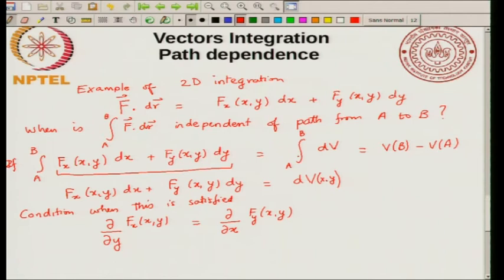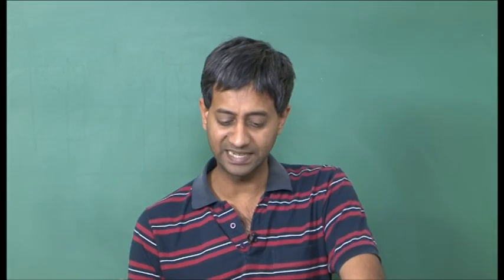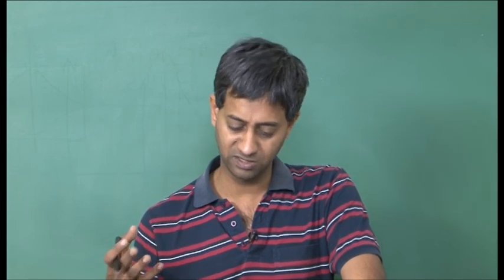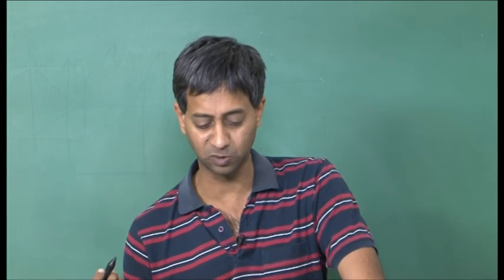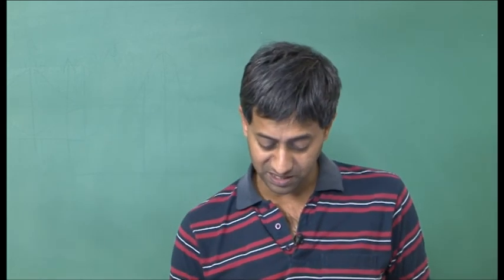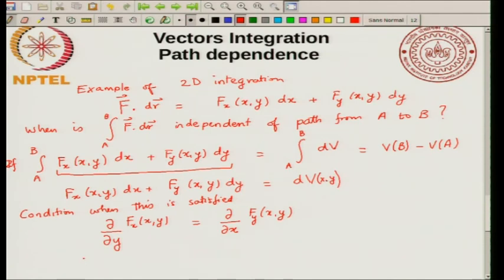There are cases when the integral might be the same for two different paths, but not for other paths. So, even if it is path dependent, you might accidentally get the same work for two paths. But when you satisfy this condition, it will be independent for any paths.